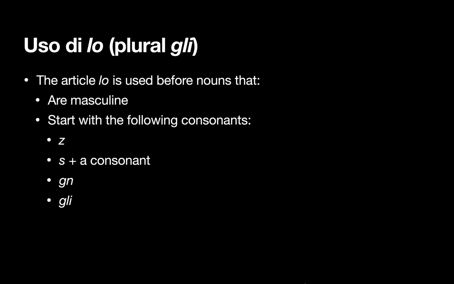What would be an example of a noun that starts with s plus a consonant that's also masculine? I'm having trouble thinking of one. Lo gnocco, gli gnocchi would be a useful one if you like gnocchi. Lo stadio, there's an example, stadium. Lo stadio or gli stadi.